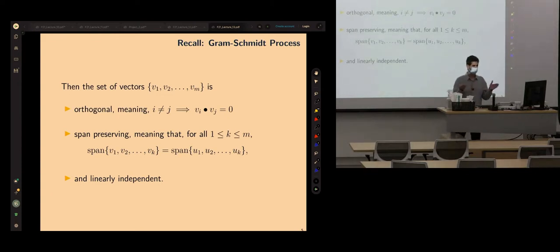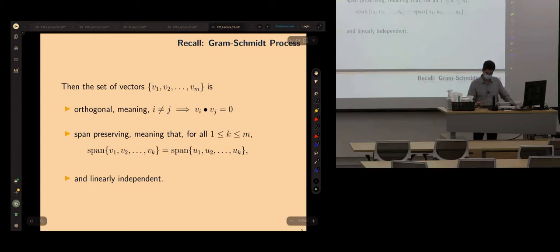That would change the set of solutions, because we were talking about b being in the column span, and if the span is changed, that means something is different. We're not dealing with the same system of equations. So it was important to note that the Gram-Schmidt process preserves the span, and the new set of vectors are also linearly independent.